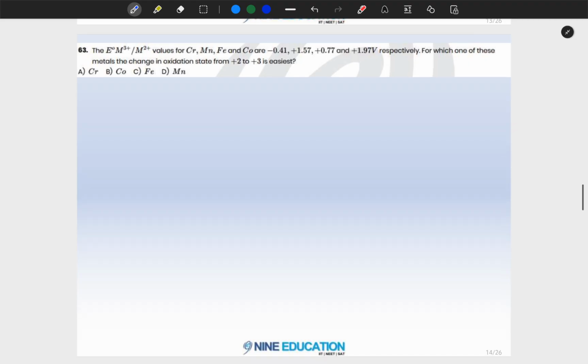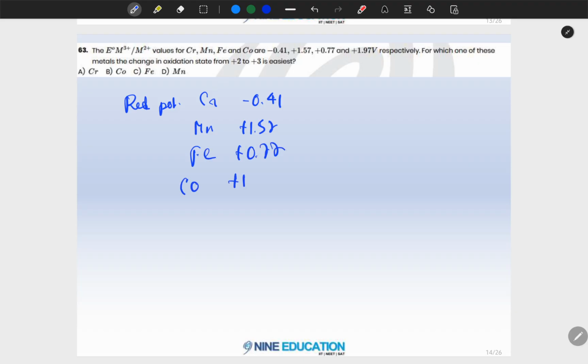The reduction potentials of chromium, manganese, iron and cobalt are provided. For chromium the value is minus 0.41, for manganese plus 1.57, for iron plus 0.77, and for cobalt plus 1.97.